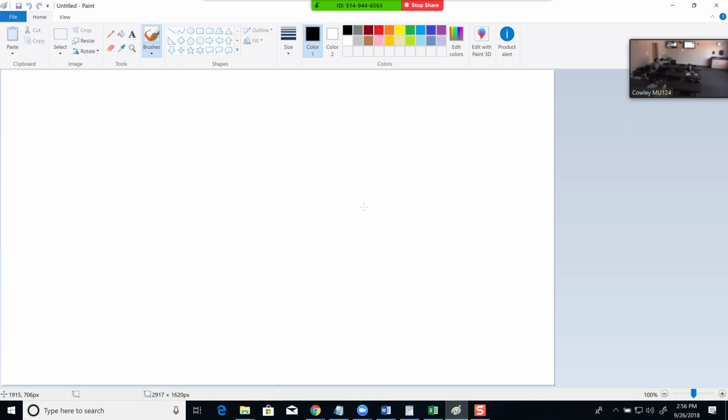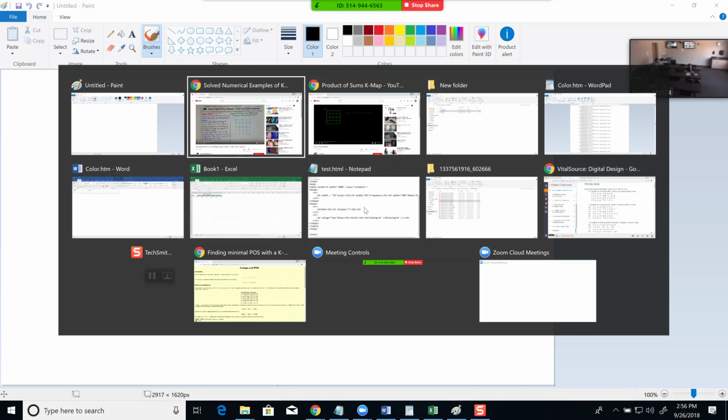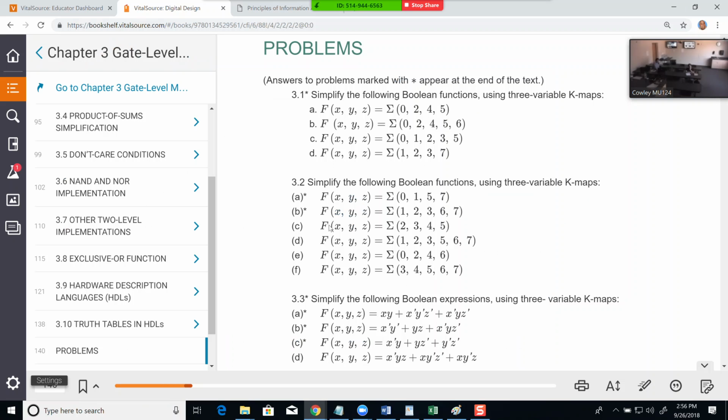Let me choose another 3. In case you're wondering what I'll ask for you on a test, I won't ask for 4 variable K-maps. This will just be homework. It'll be mainly the 3 variable that I'll focus on.